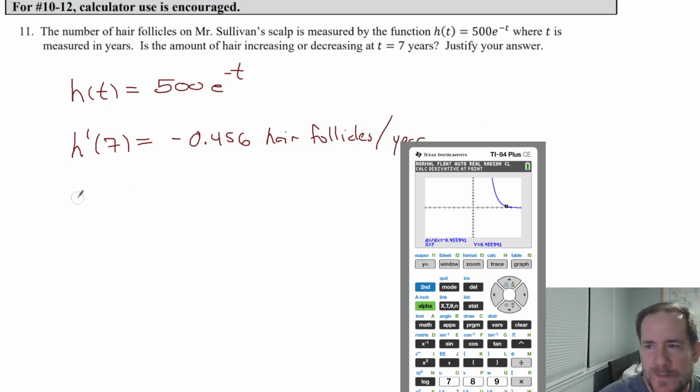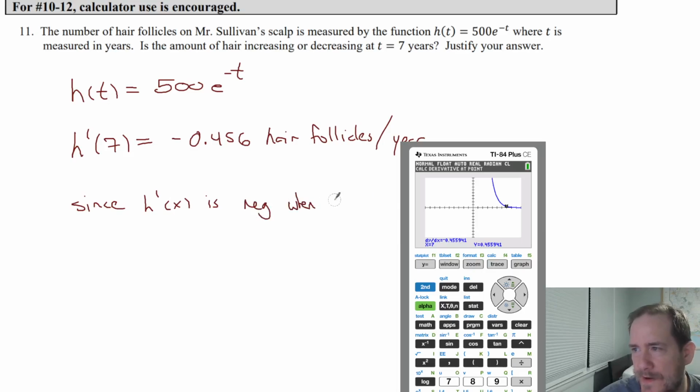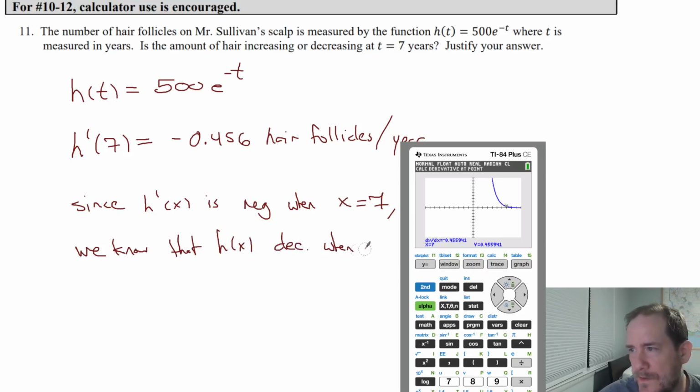But again, we're now able to say, since h prime of x is negative when x equals 7, we know that h of x decreases when x equals 7. And h of x is the number of hair follicles, so we're basically concluding that when x is 7, the number of hair follicles is decreasing.